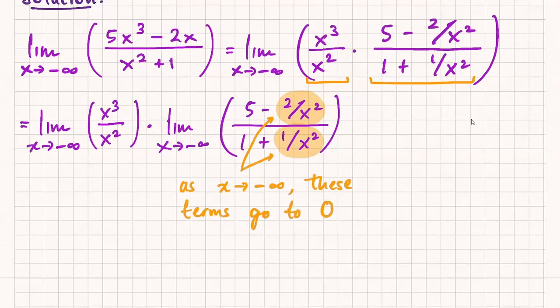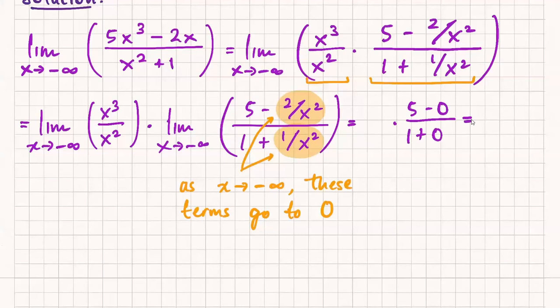Right? That was that special limit that we did at the very beginning of lecture. That's why I did it, because our master strategy takes advantage of those reciprocal powers. Okay, so that means I can write that, I haven't done the first limit yet, but the second fraction is going to be 5 minus 0 over 1 plus 0.